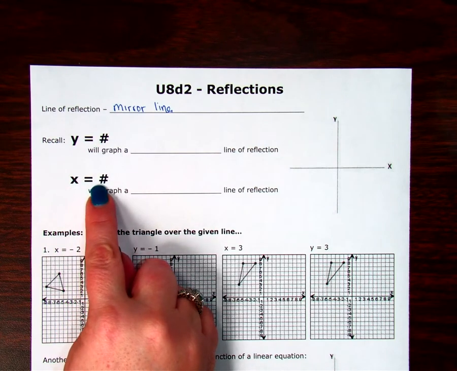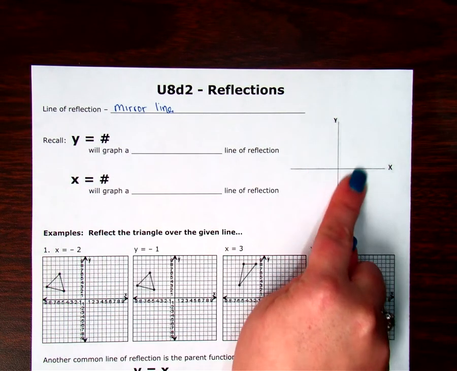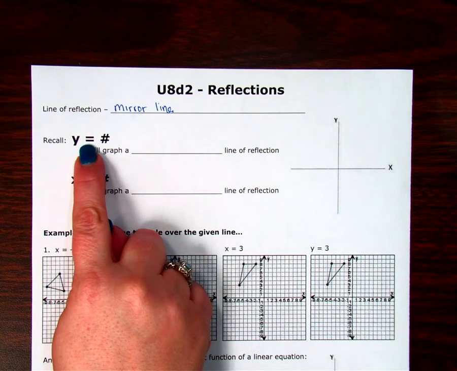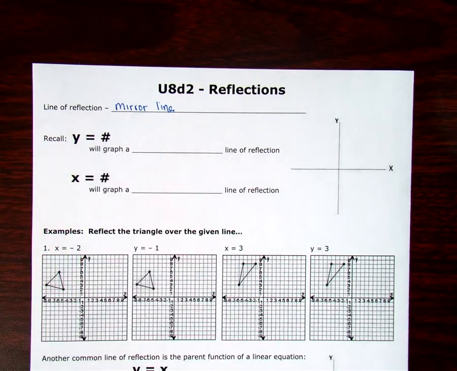x equals some number. So if I look at an xy graph and think about what y equals a number graphs look like, you should remember from Algebra 1 and possibly Algebra 2 what y equals a number graphs do.